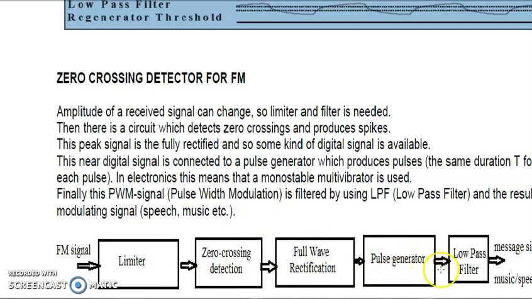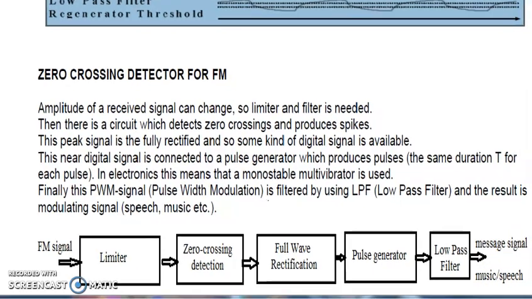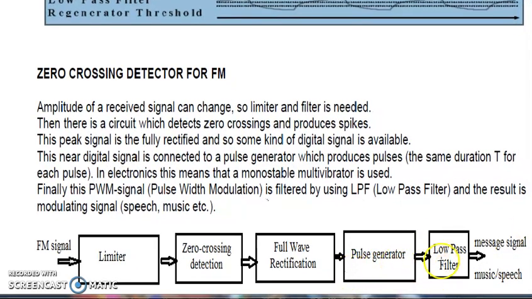Either we can use a low pass filter, which will perform the averaging function of the amplitude and give the instantaneous value of the message signal in the form of music and speech, or we can use an integrator which will integrate the magnitude of the zero crossing values N0.